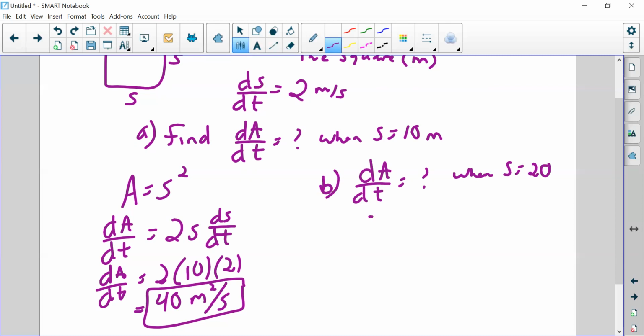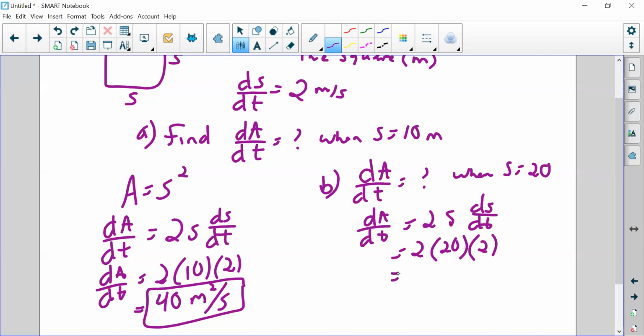So I go back to my derivative equation, dA/dt is equal to 2s ds/dt, and this time I'm replacing s with 20. My rate for ds/dt is constant. So this time I get 80 meters squared per second.